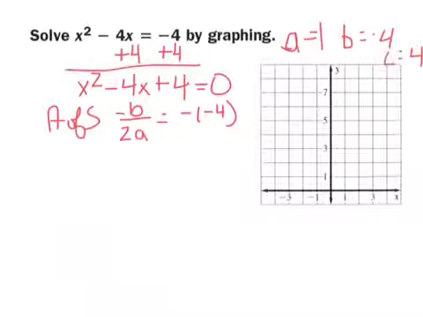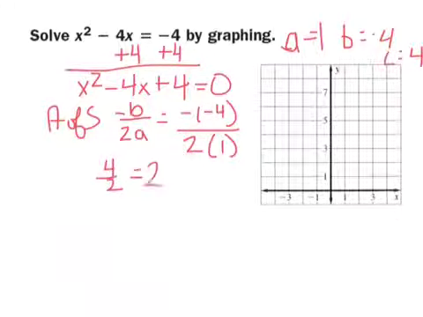So I'm plugging in that b, -4, but it's negative in my formula too, so I have a double negative up there, over 2 times 1. A negative times a negative is a positive, so I have 4 over 2, which gets me an axis of symmetry of 2. I'm going to draw that in using my dashed line.